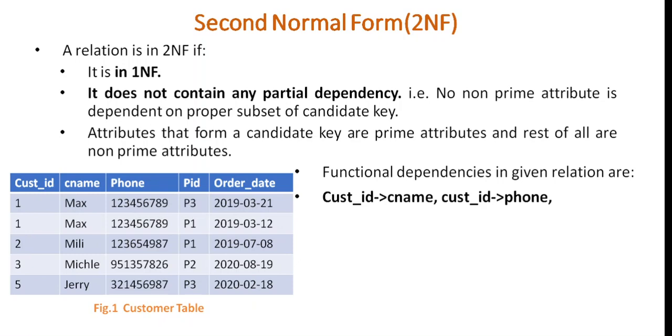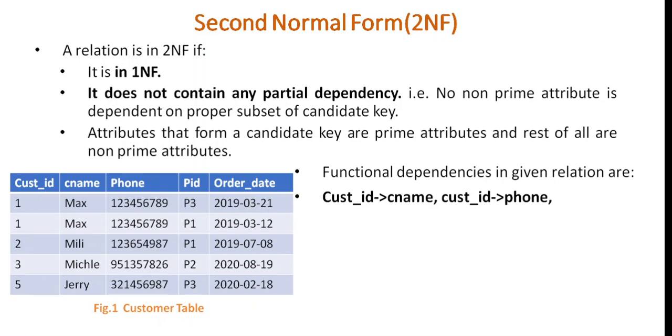Similarly, we have another functional dependency: customer ID determines phone, meaning the value of phone number is dependent on the value of customer ID. For customer ID 1 there is a value of phone number, and in the second row customer ID 1 has the same phone number. For customer ID 2 there is a single phone number, and for 3 also there is a single phone number. So we can say that customer ID determines the value of phone.